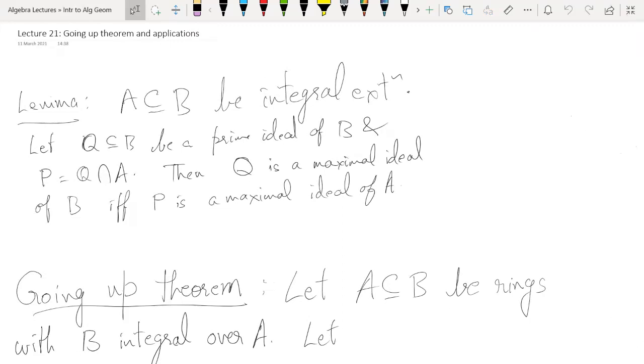Let A contained in B be an integral extension, Q contained in B a prime ideal of B, and P the intersection of Q with A. So P will also be a prime ideal. Then you can conclude that Q is a maximal ideal of B if and only if P is a maximal ideal of A. So when you have integral extensions, then maximal ideals contract to maximal ideals.